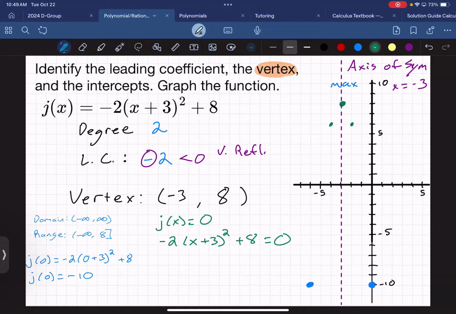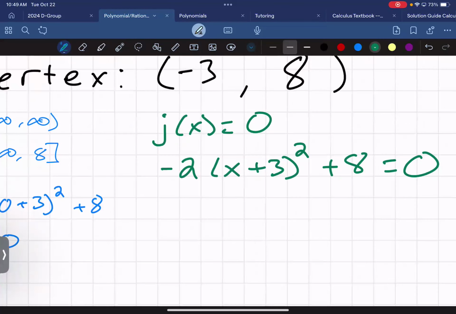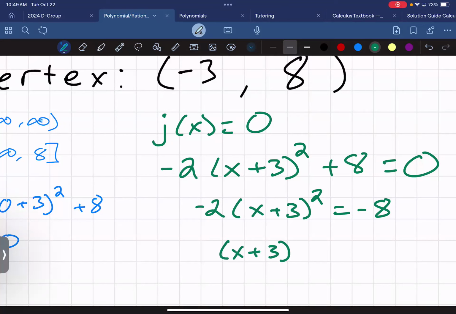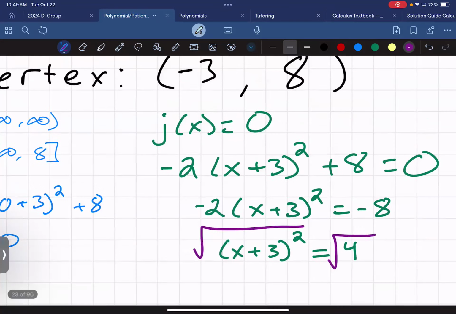This is for any time we're using that standard form of an equation. What are you trying to do? Yeah, ultimately we're trying to get x by itself, but at the moment we need to get the squared part by itself. By getting the squared part by itself, we can then just use a square root to solve.